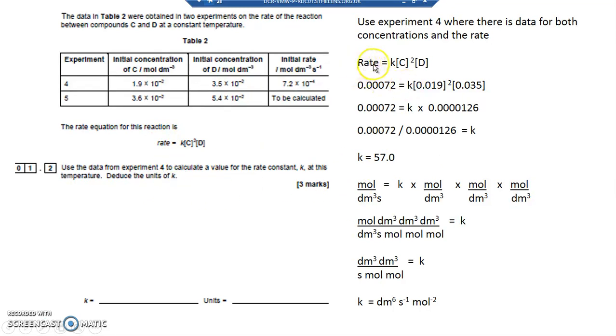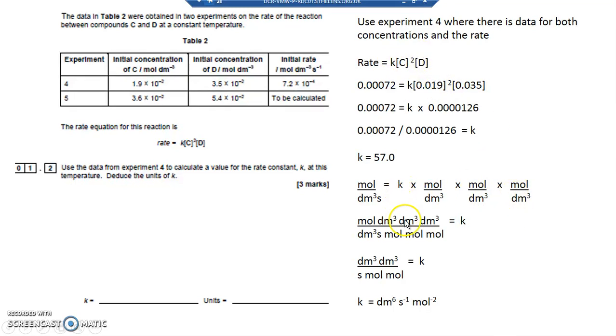So what we do then is, rate is moles divided by decimeter cubed divided by seconds. That's always the case. Mole per decimeter cubed per second equals K. We don't know the units of K, and we've got a concentration squared, so we've got a mole divided by a decimeter cubed, mole divided by a decimeter cubed, and another concentration here, mole divided by a decimeter cubed.